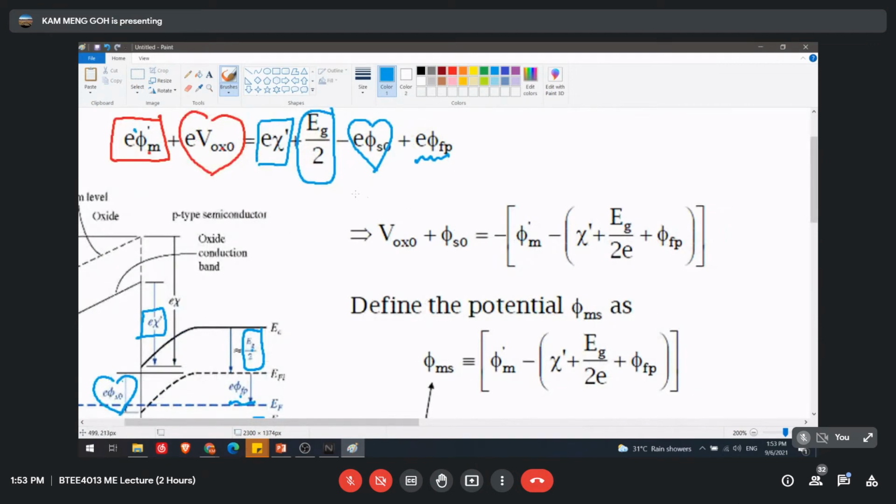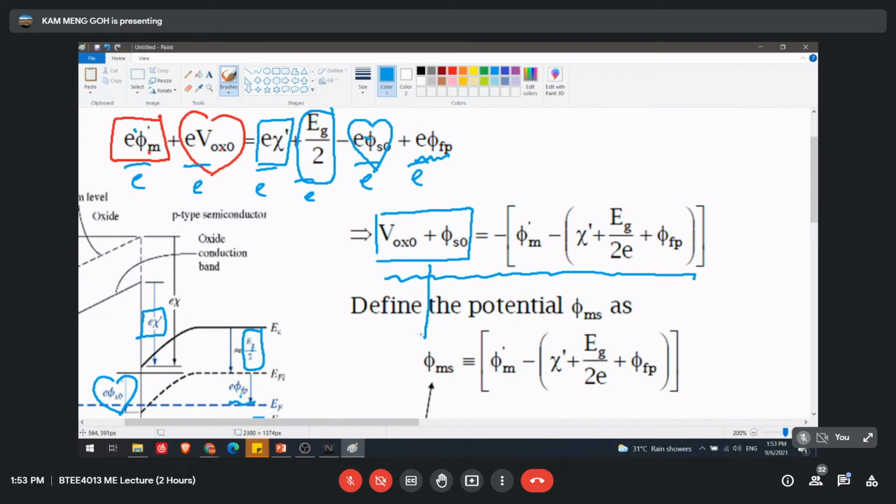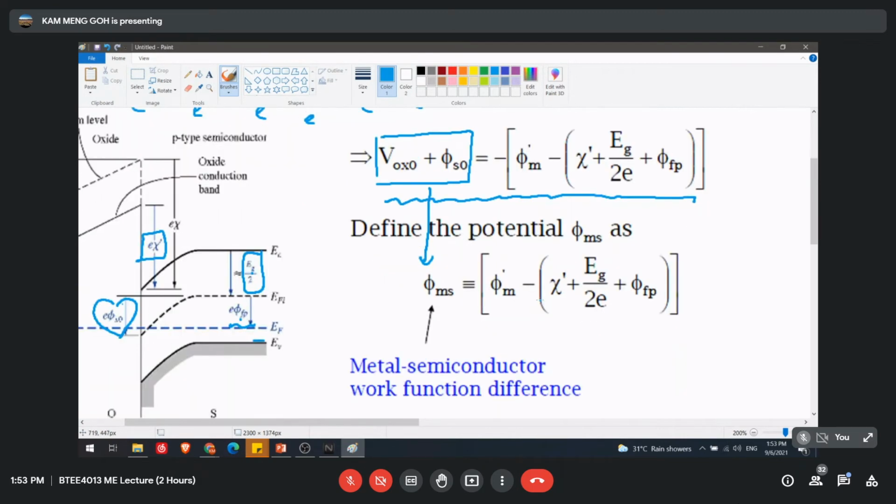At first, he removes all the E, then divides everything by E. Then he rearranges this, and it becomes this ultimate formula. Eventually, adding these two together becomes this potential.